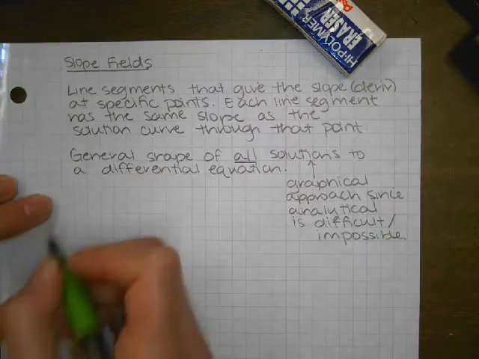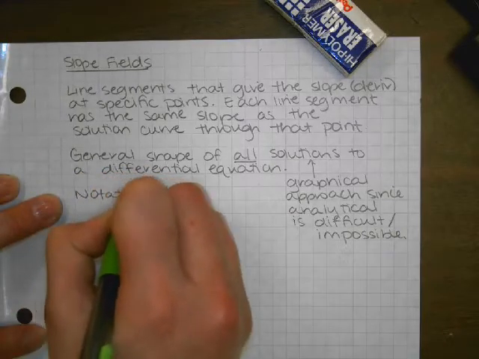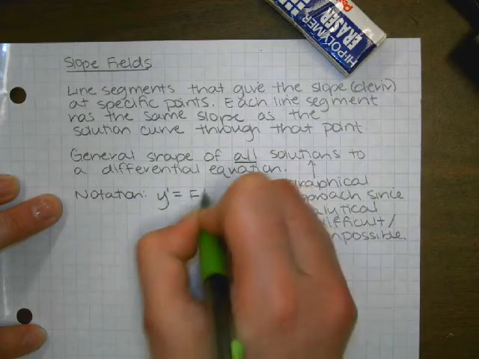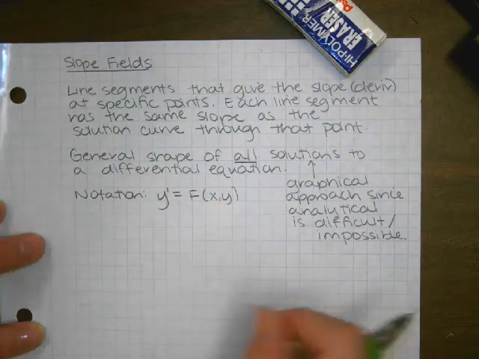For our notation, we'll have y prime equals f of x, y. So x value, y value.